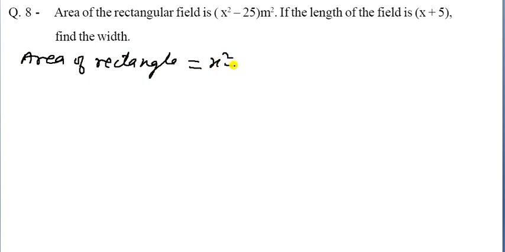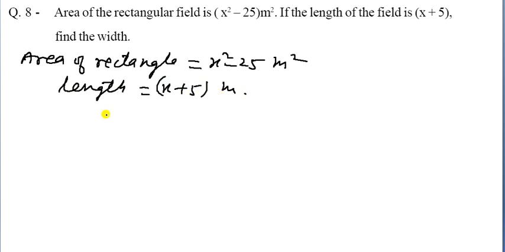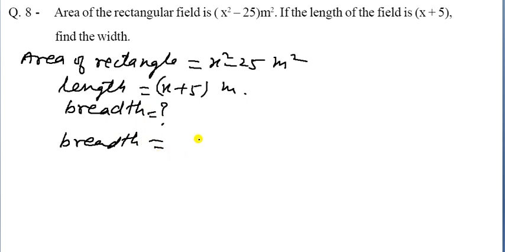It is given as x square minus 25 meter square, and the length is given as x plus 5 meter. Now we want to find the breadth. It is the question mark. As you know, breadth is equal to area upon length.